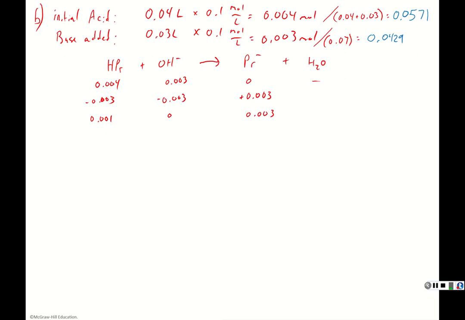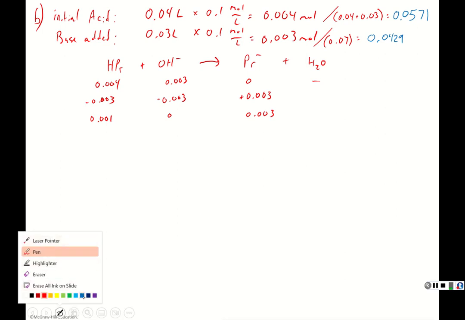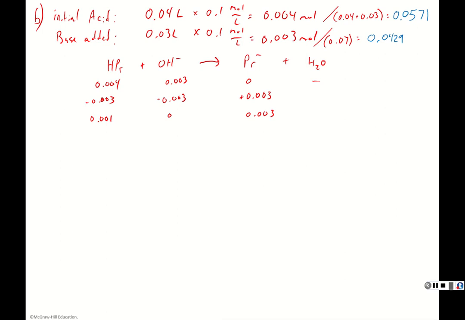Right, we could do that with concentrations as well. So that's typically what we have been doing. So if we use the concentration here for your weak acid, that was 0.0571. This was 0.0429. And that was 0 to start. So you're going to lose, again, all of your base.